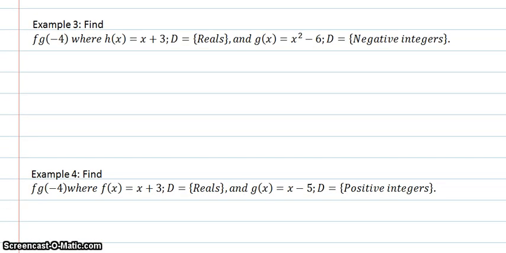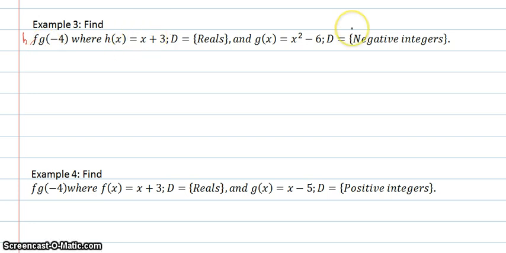Okay, let's look at the next one. In example 3, we're trying to find f of g of x, or basically you're multiplying your functions together, and I think that should be an h. So yeah, that should have been an h times g of negative 4.